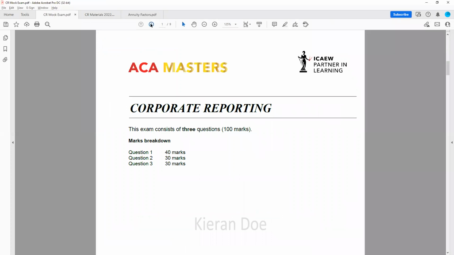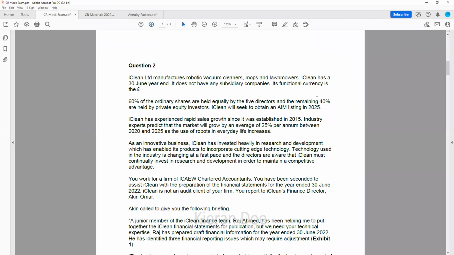So question 2 in the CR exam will be on financial reporting. So there won't be an audit element to question 2 in the exam. For those of you who prefer the technical aspects of the exam, the financial reporting, this probably suits you quite nicely. So question 1 and question 3, of course, will have audit in them.